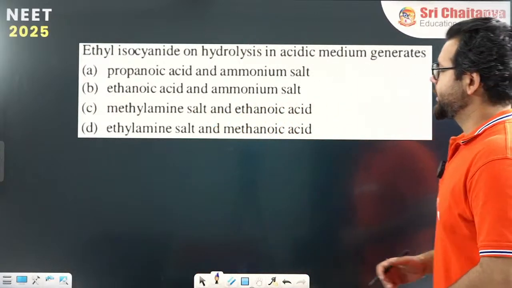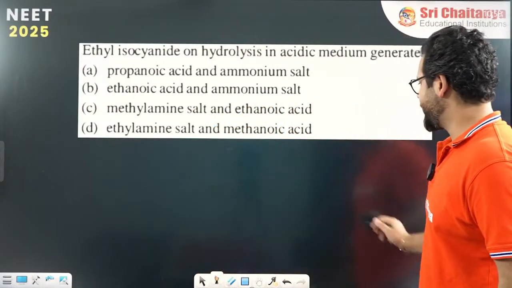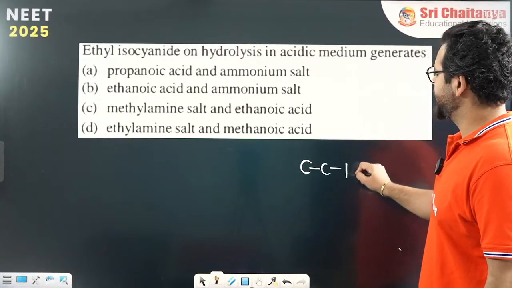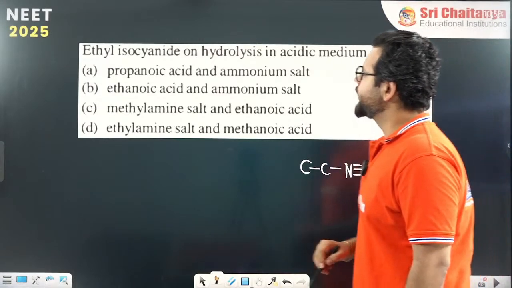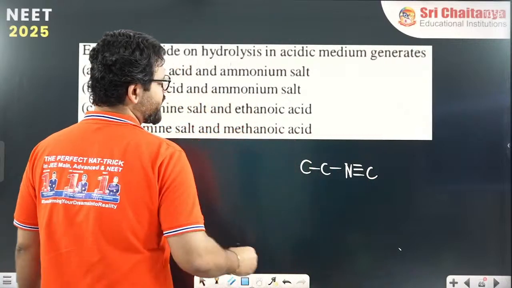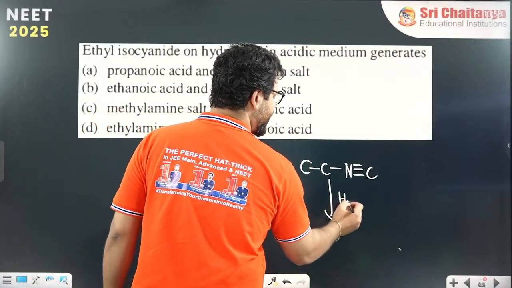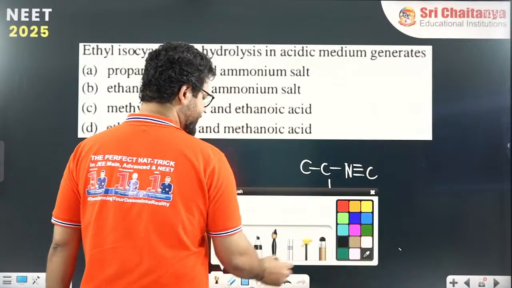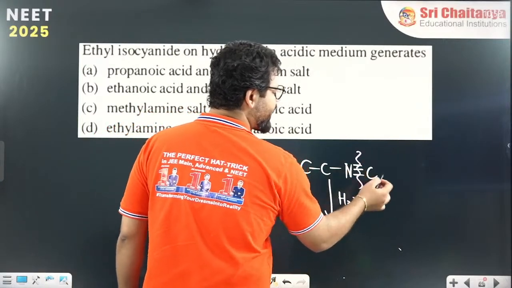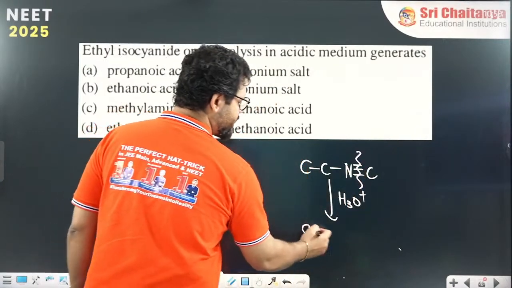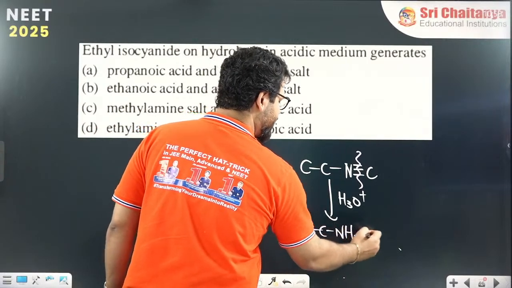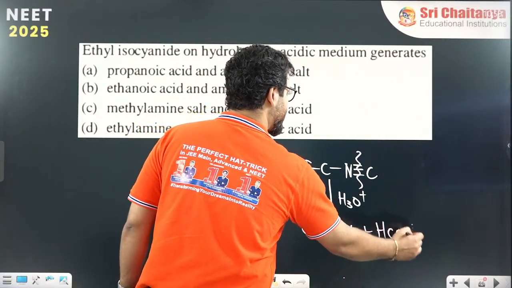Next question says ethyl isocyanide, meaning this is ethyl, this is isocyanide. Ethyl isocyanide on hydrolysis. Please remember, whenever you do hydrolysis of isocyanides, you always get methanoic acid with a primary amine. So you get a primary amine here and you get methanoic acid here.